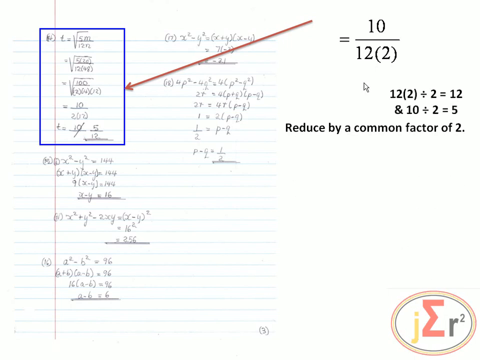Also, in the numerator, we will divide 10 by 2. So, in the denominator, we have 12 times 2. Divide 12 times 2 by 2, and the result is just 12. Also, in the numerator, 2 into 10 is equal to 5. So the result is 5/12.